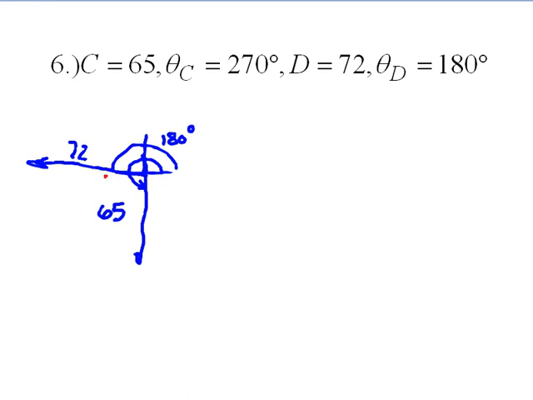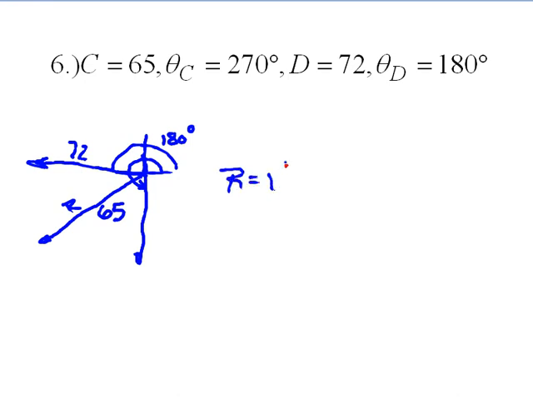Now, what we have to do is find our resultant, which is going to be right in here. Okay, so to find our resultant, we can use the Pythagorean theorem.